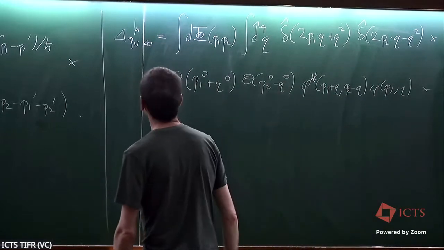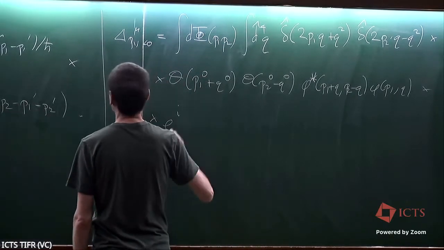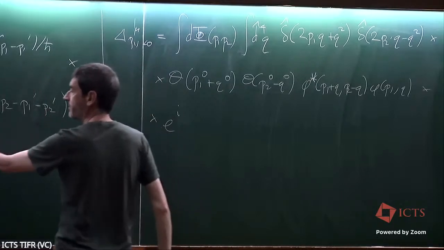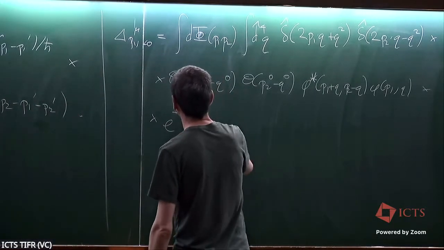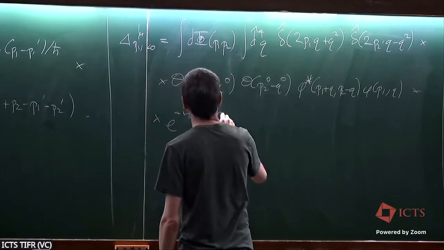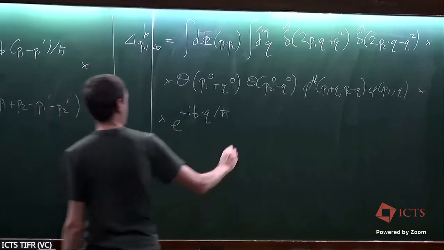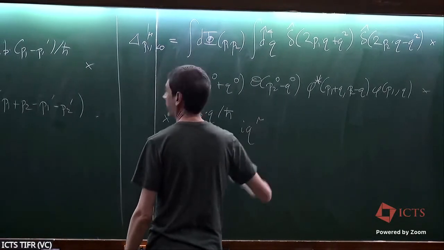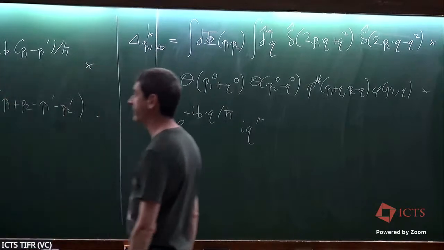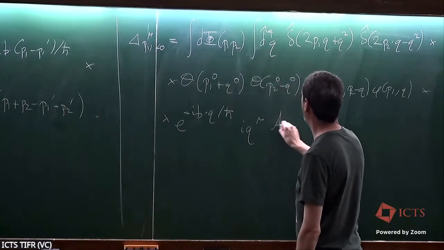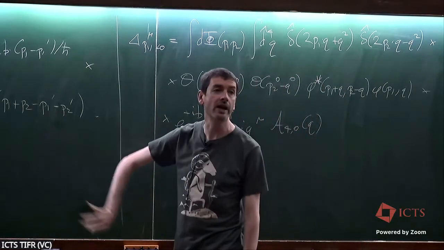Continue. This exponential factor will be e to the minus i, b dot Q over h bar, times i Q mu. Now, P1 prime is P1 plus Q, so all we're left with is the Q, times A40 of Q. And I've already integrated over that delta.